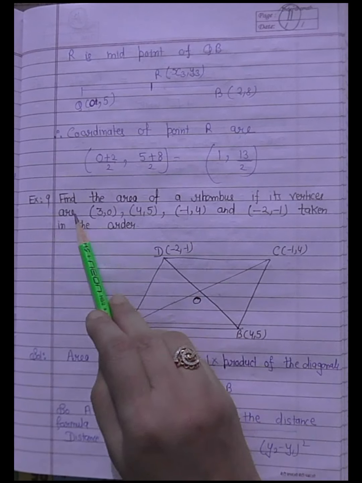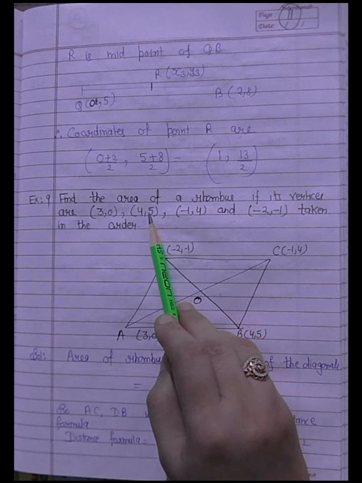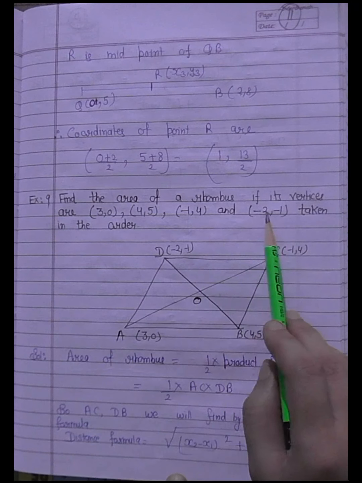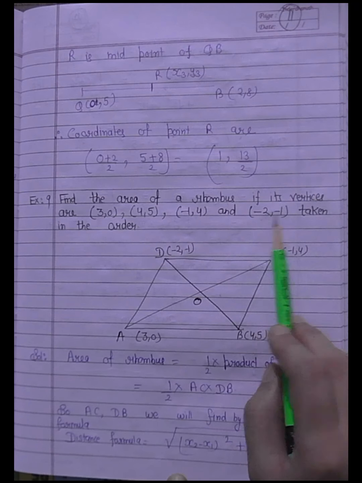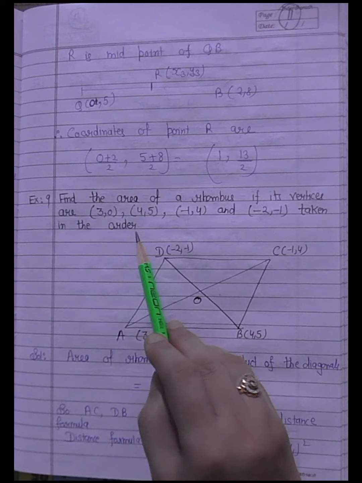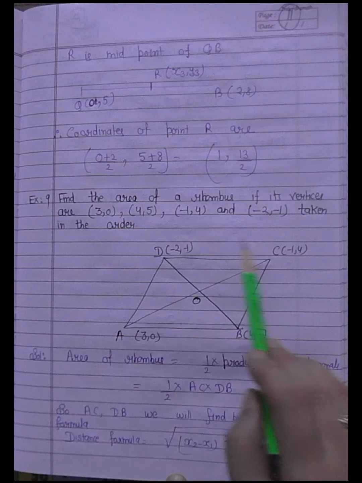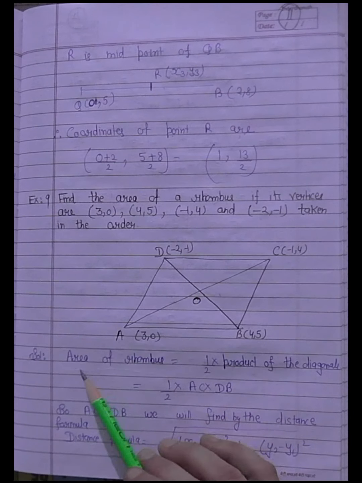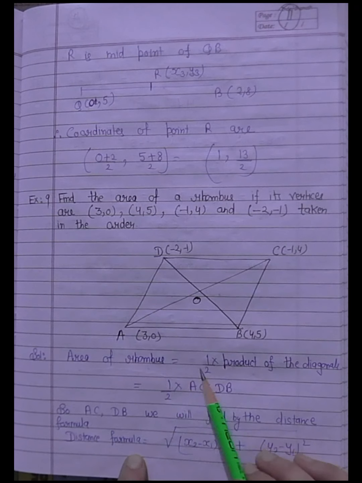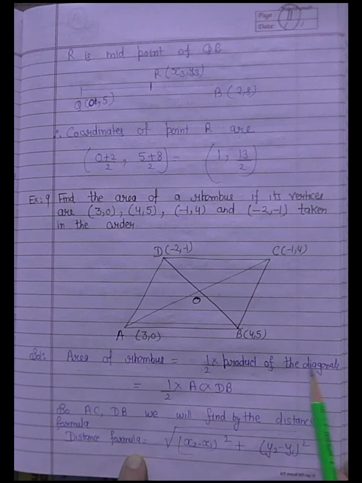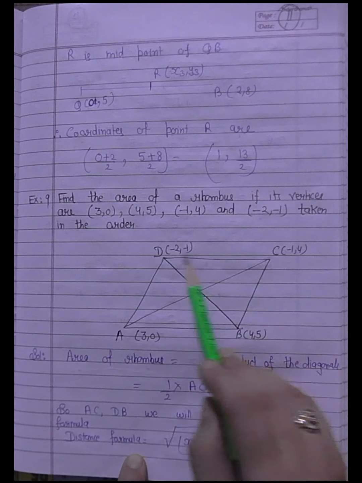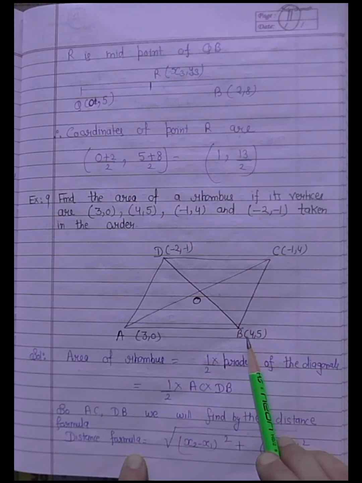Next example, find the area of the rhombus if its vertices are 3, 0, 4, 5, -1, 4 and -2, -1 taken in the order. This is the rhombus. All the vertices are given in the order, and we know that the area of a rhombus is equal to 1/2 product of the diagonals, and AC, DB both are the diagonals.